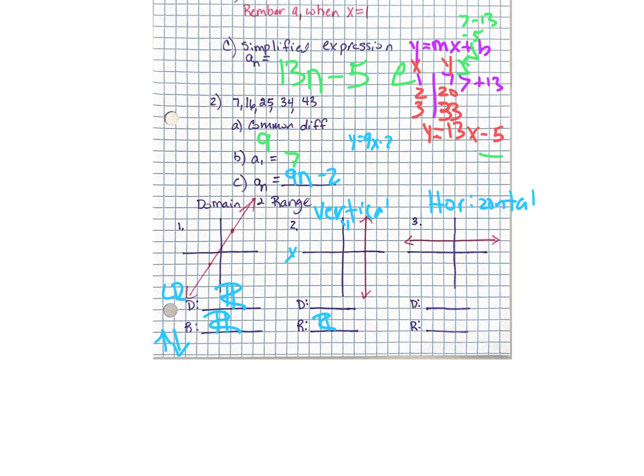So your domain is going to be X equals 2. And for number 3, it crosses the Y-axis, so range is your Y, so Y equals 1, and then again your domain is going to be all real numbers, and that was a symbol, all real numbers.